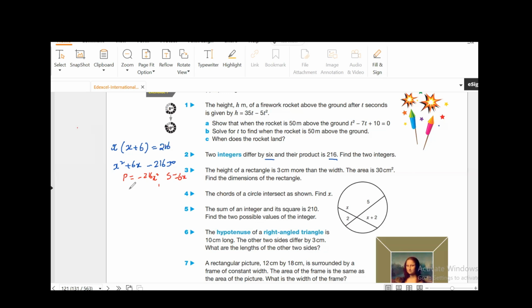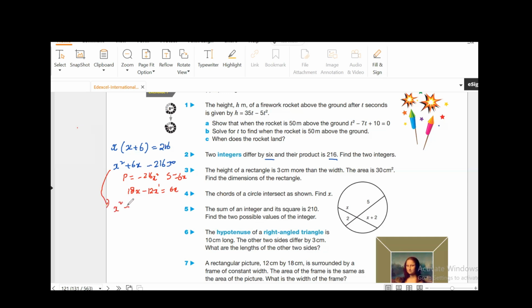I have the number 18; these are factors of 216, numbers by which 216 is divisible. So here we have 18x minus 12x, that gives us 6x as the sum, and if you multiply you will get exactly 216.